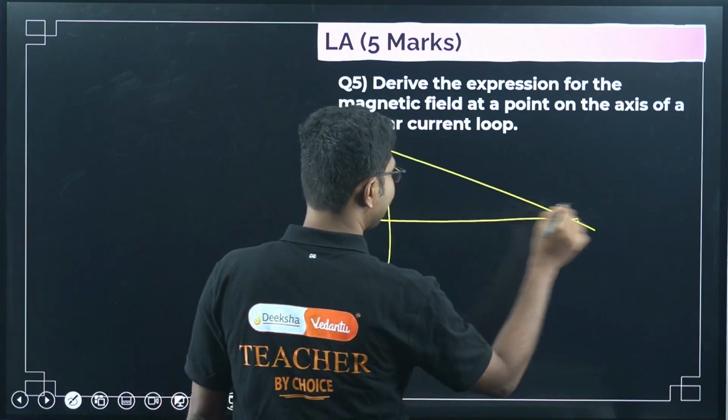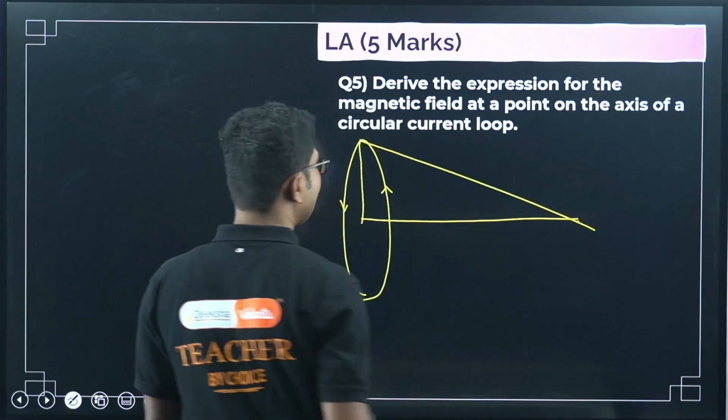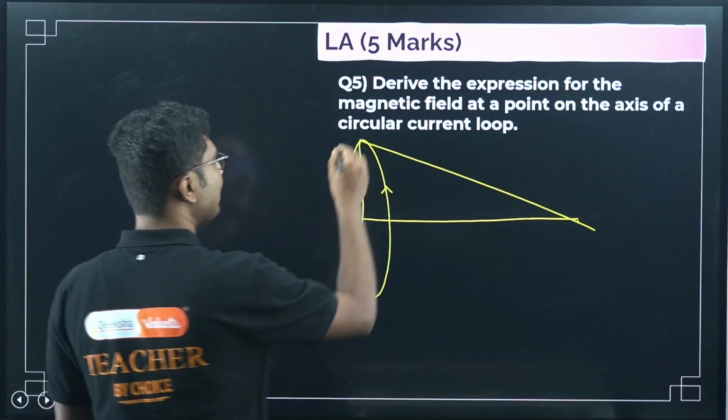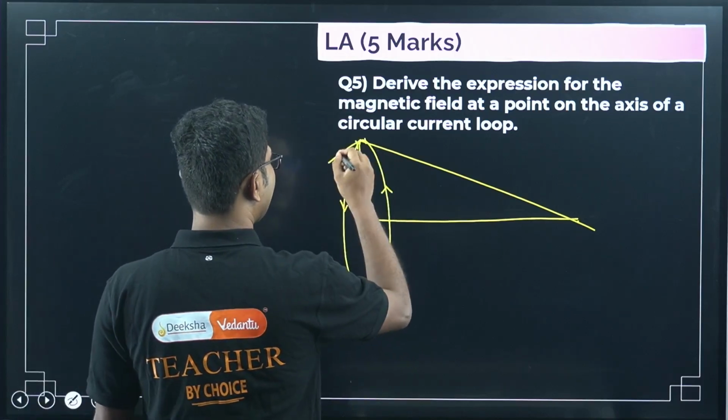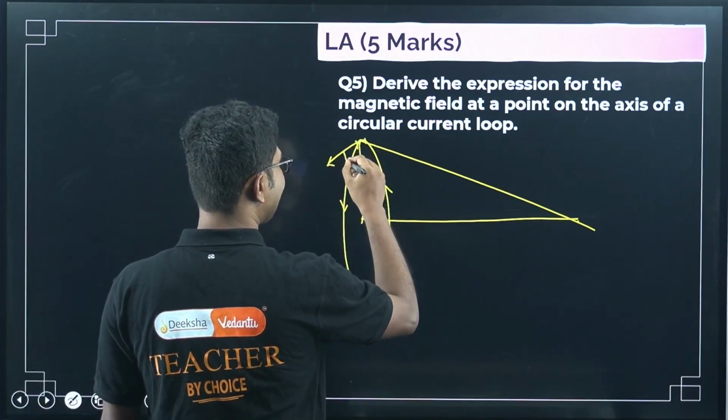Then you take this. I am just drawing the diagram. Many people don't know how to draw the diagram. Here you have taken an element, current is flowing in this direction, this angle is 90 degrees.